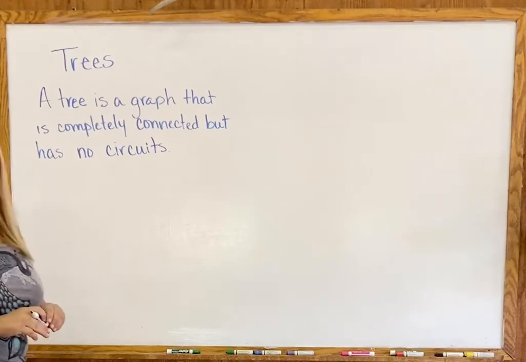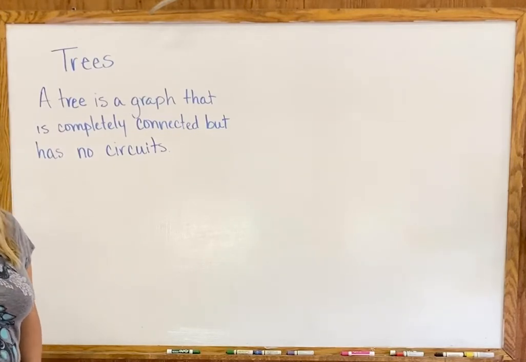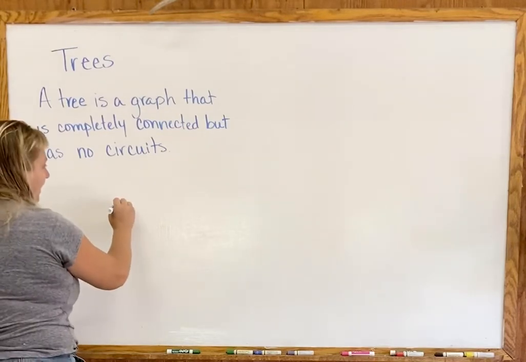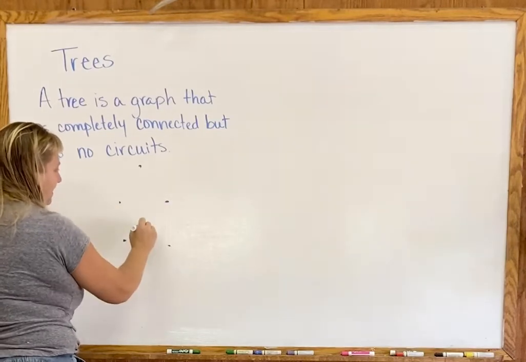So remember that we're in this section, so when we're talking about graph, we're not talking about the graph of a line or a graph of a parabola or plotting points. Remember that what we're looking at here are these drawings.